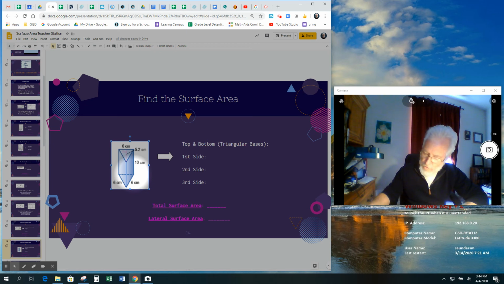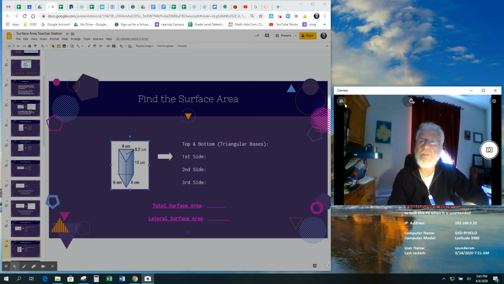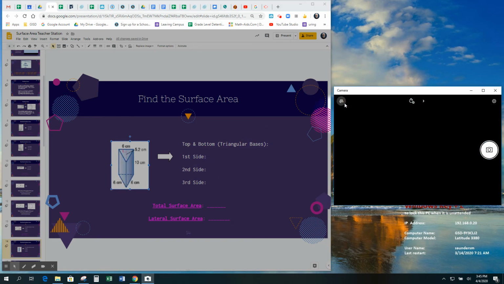211.2 centimeters squared. So my total surface area, 211.2 centimeters squared. And my lateral surface area is just these 3 sides. Wow, I forgot that I wasn't showing you my whiteboard. Let's click over here so you can see the whiteboard.